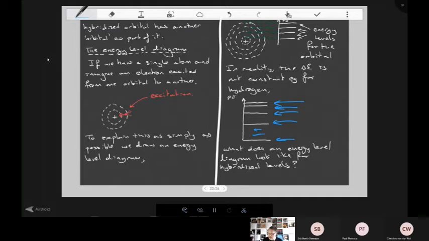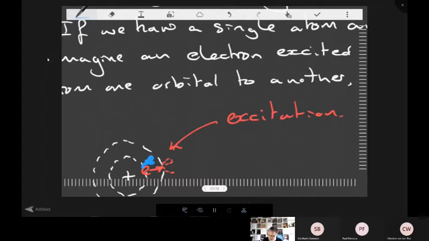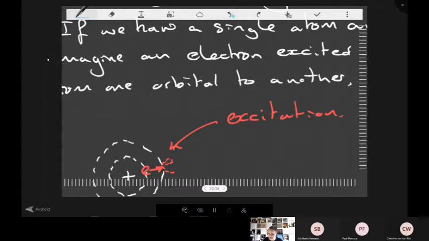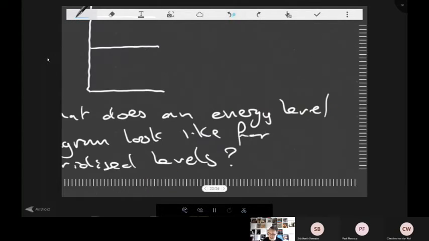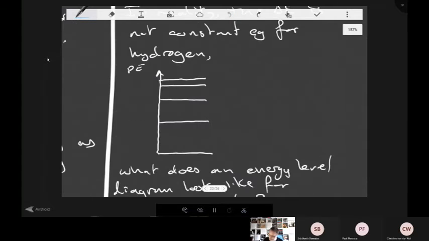And all these other positions, it can't be in. So when we zoom in here, this electron could not jump up to there because it has a wavelength that does not fit, and that's not allowed. So in order to agree with wave-particle duality, it forces us into a position where we only have certain orbitals.